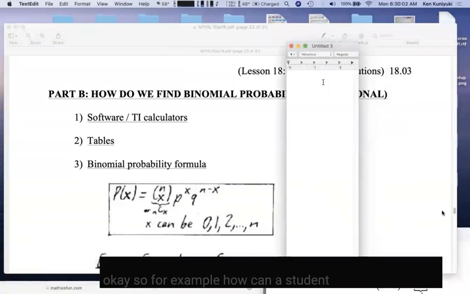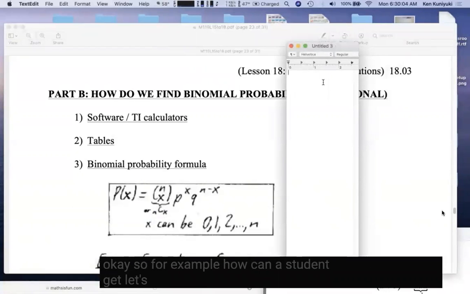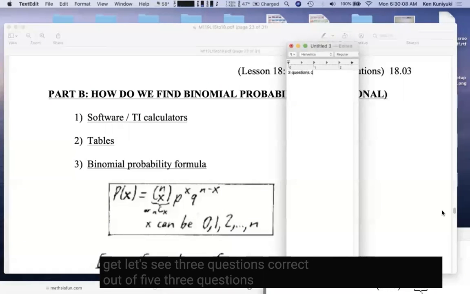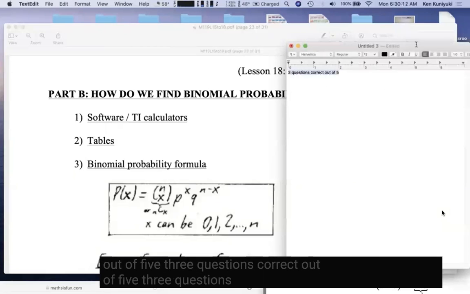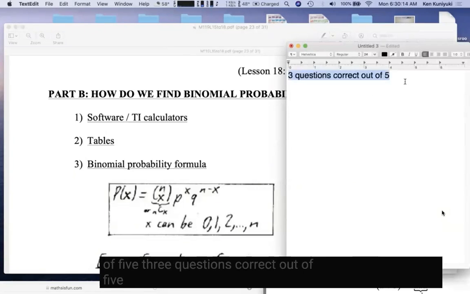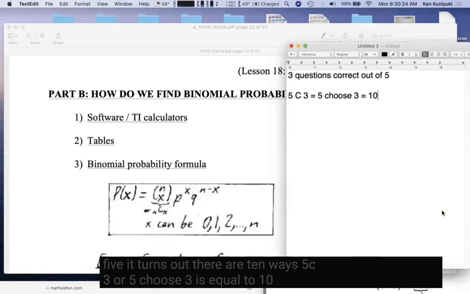For example, how can a student get, let's see, 3 questions correct out of 5? It turns out there are 10 ways. 5C3, or 5 choose 3, is equal to 10.